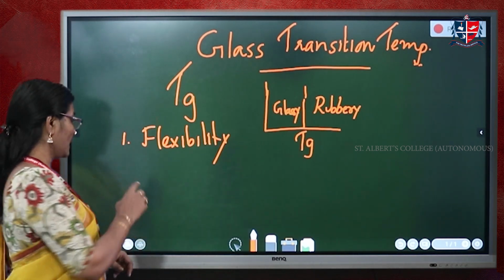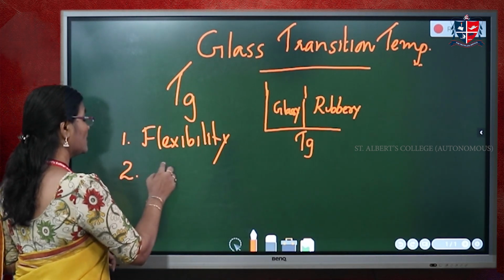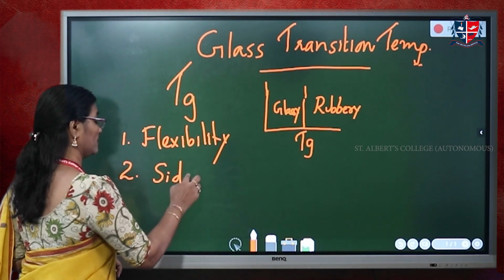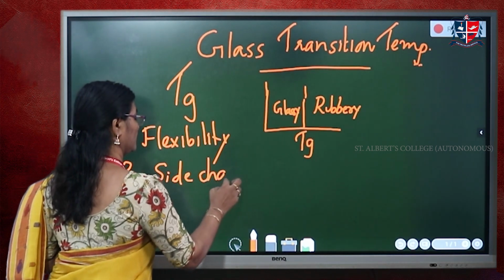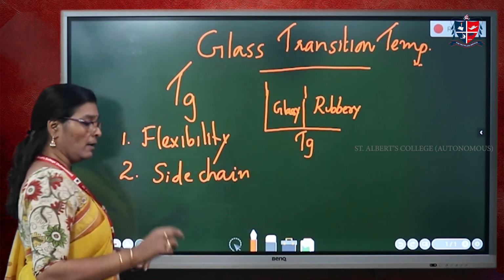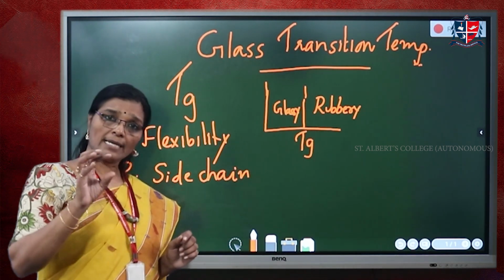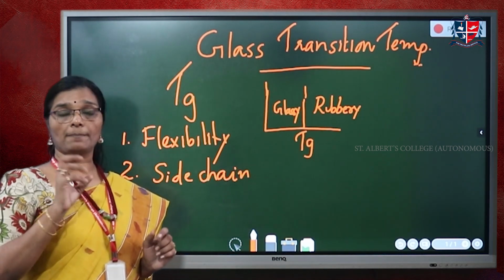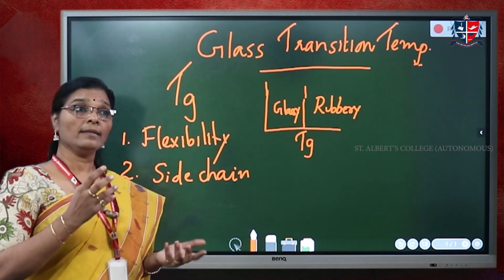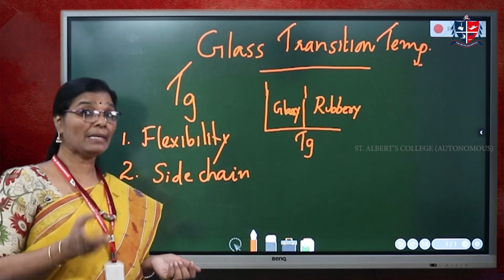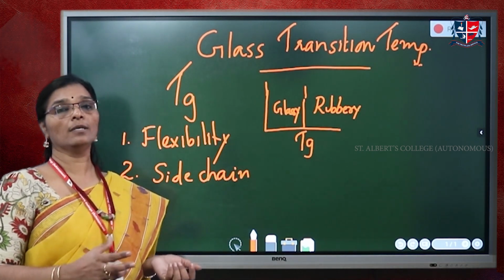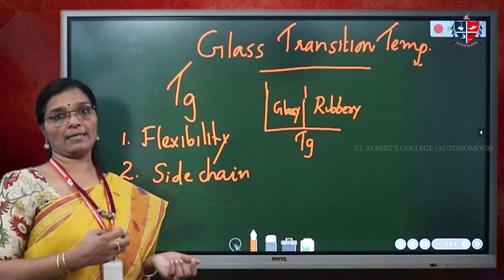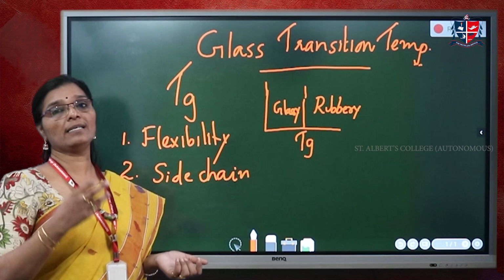Then side chain is another parameter. When we consider polystyrene, there is one aromatic substituent. Then if we add one methyl group in addition to that aromatic ring, that means methyl polystyrene.